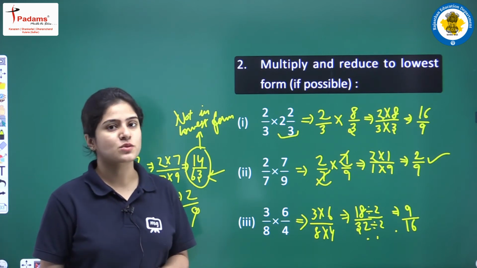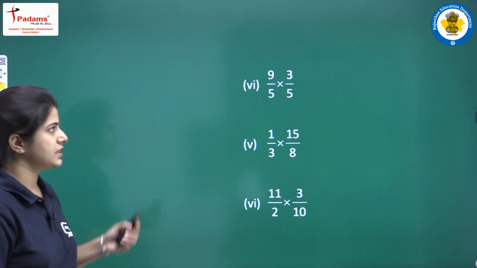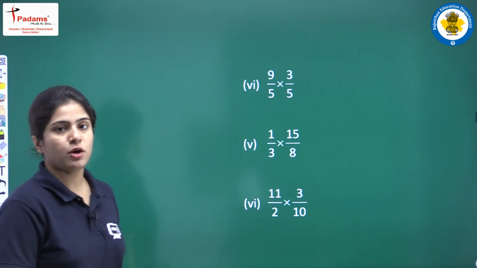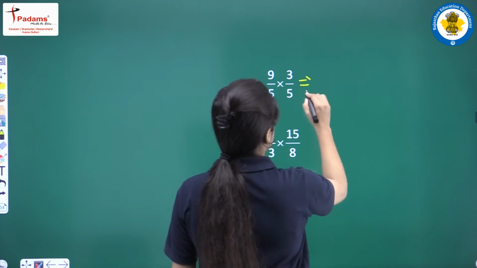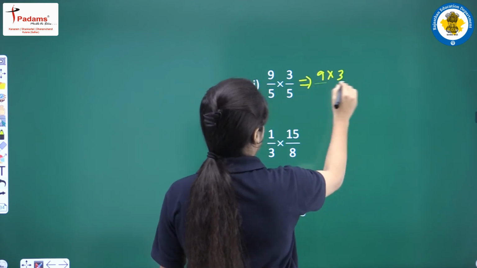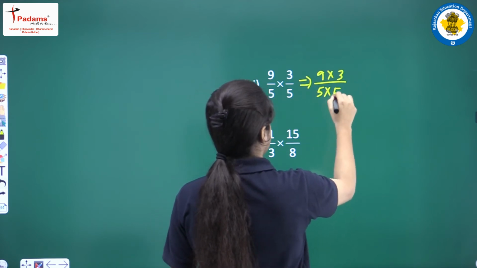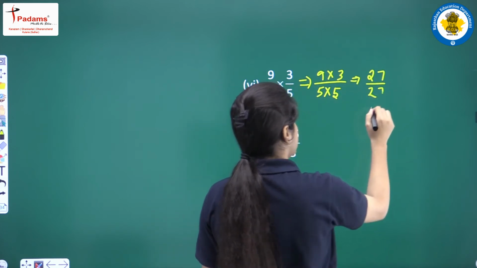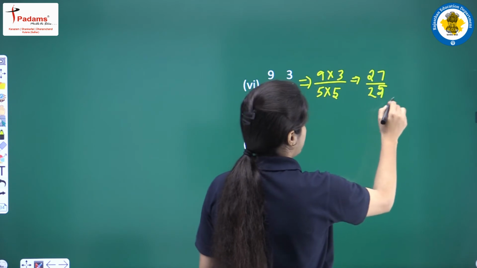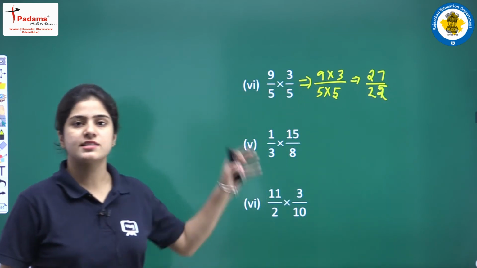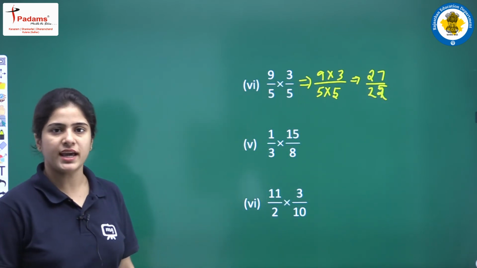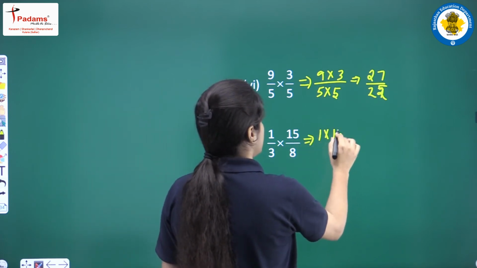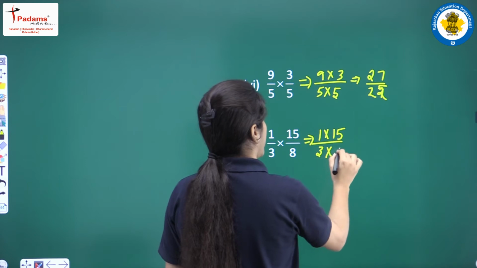Now I will be doing the next question. What is it? 9 upon 5 into 3 upon 5. So 9 into 3 upon 5 into 5. So it is 27 upon 25. Clearly they don't have anything in common, so it is already in the lowest form. In this question students, 1 into 15 upon 3 into 8.